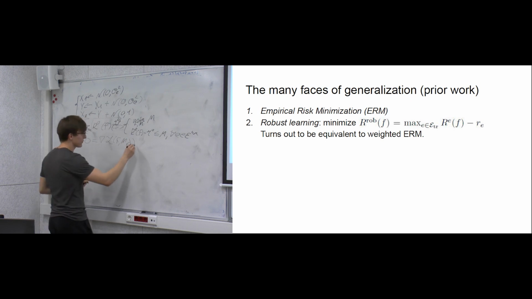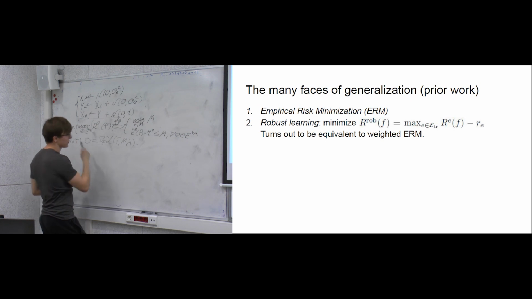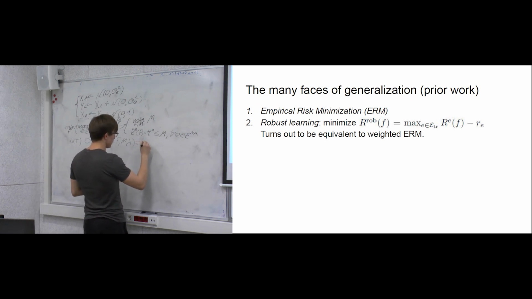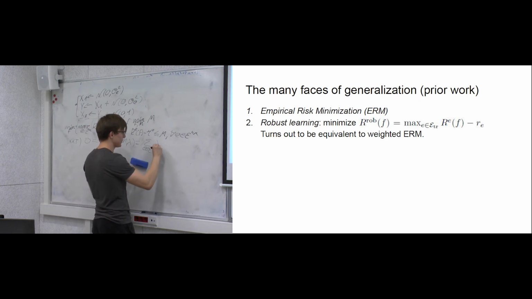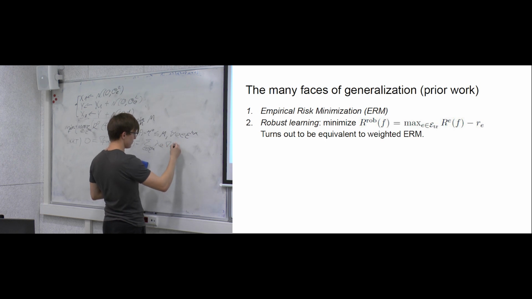And that derivative is with respect to f, to the predictor. And that derivative basically is the sum over E of lambda_E times the gradient with respect to f of the risk.